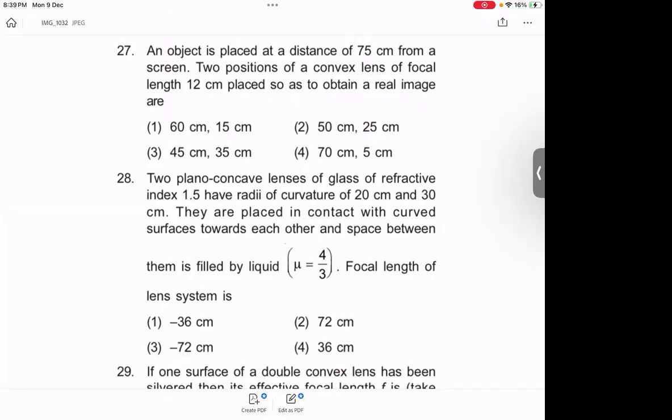So what is the first option? So two positions are given, right? So you have to find what is the real image.